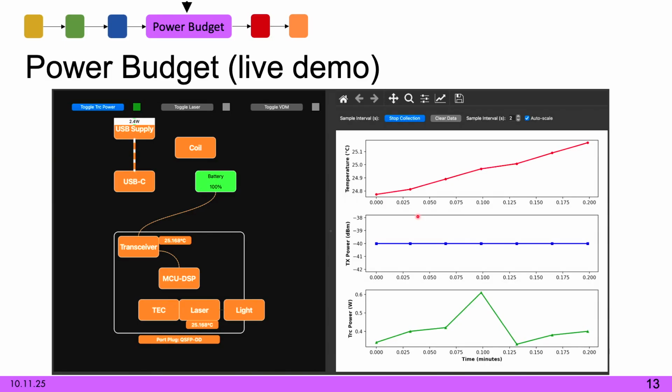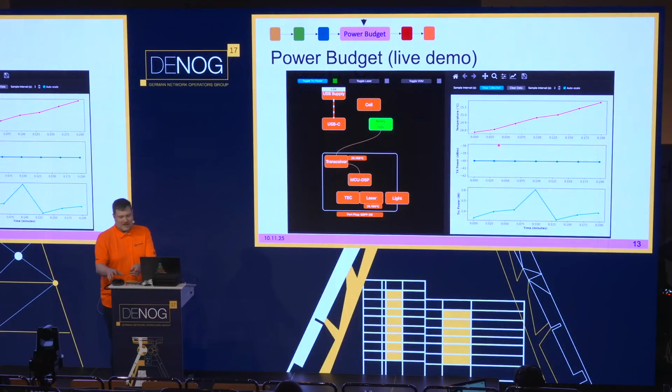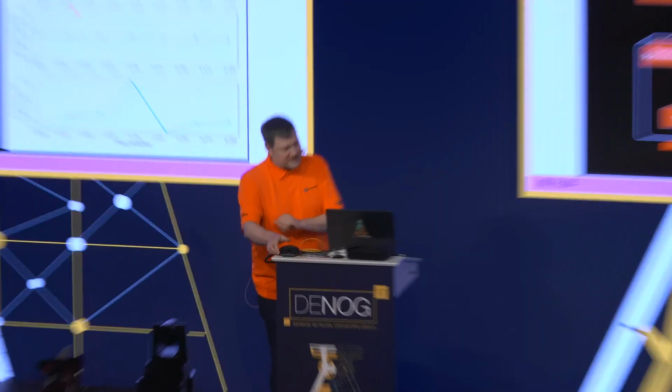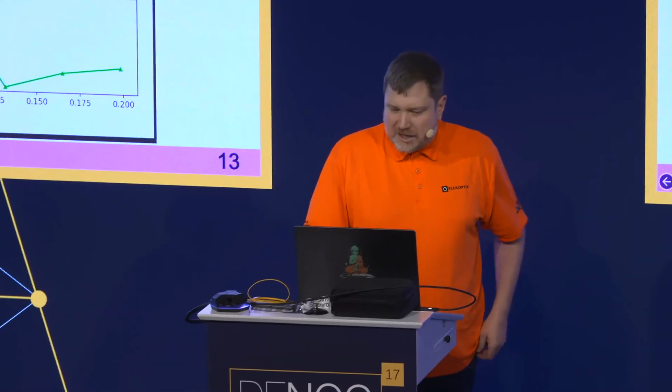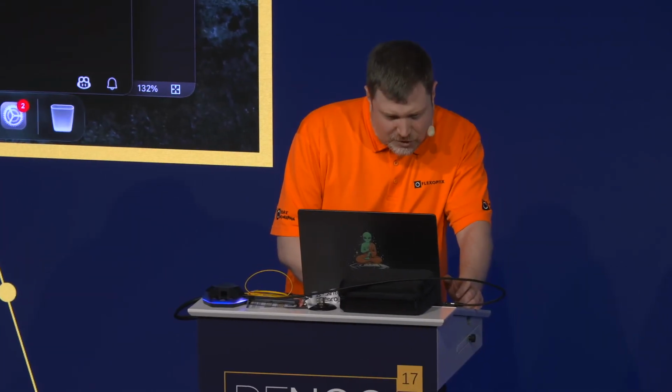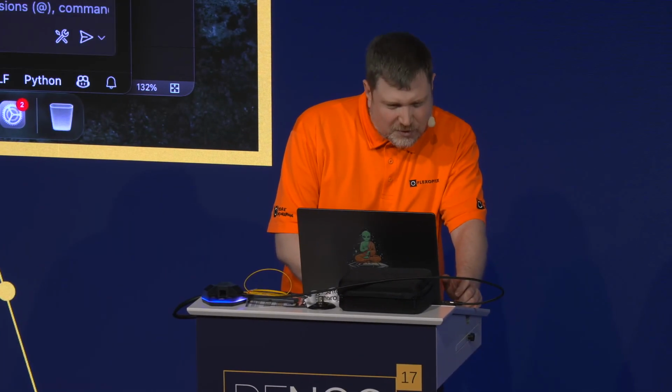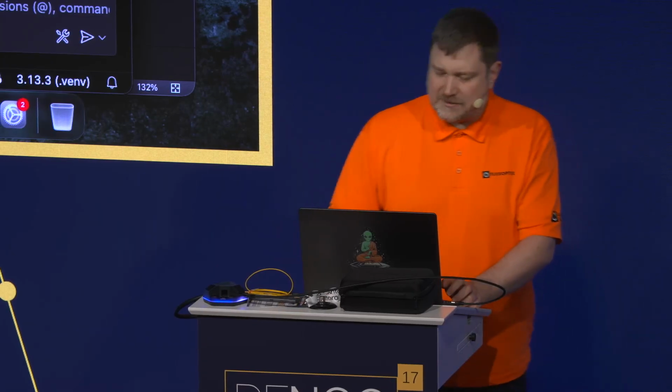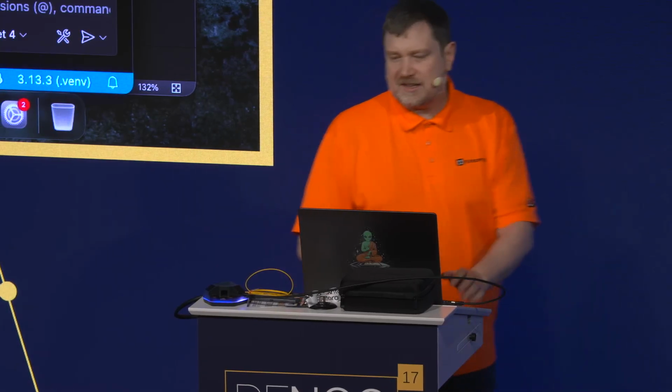Right, so like last year, yet again, some interactive live demo. I brought here a Flexbox and a transceiver to read power consumption. And I want to show you now, assume you are simulating a network gear device. It's very similar.